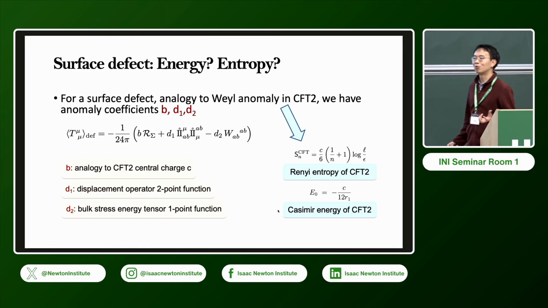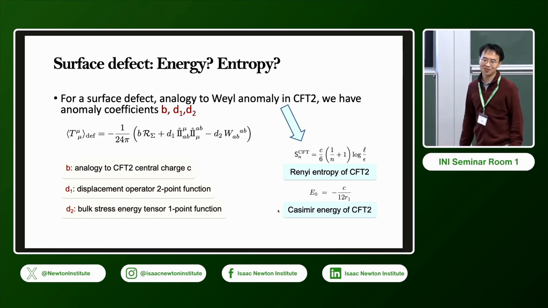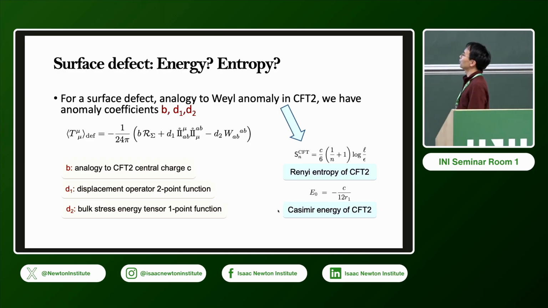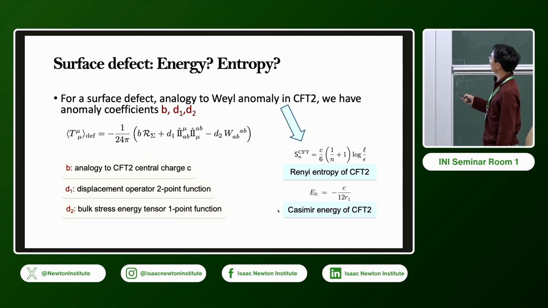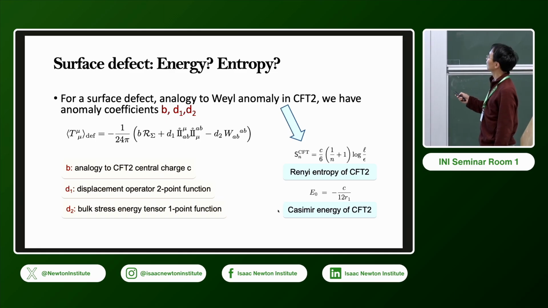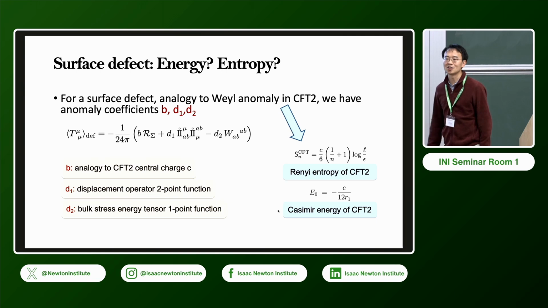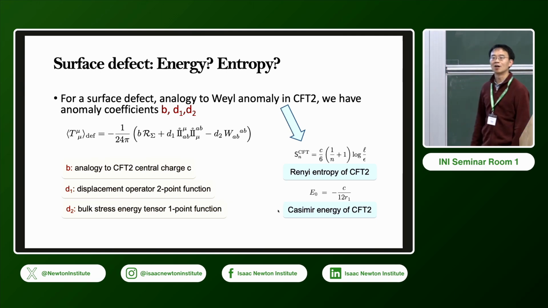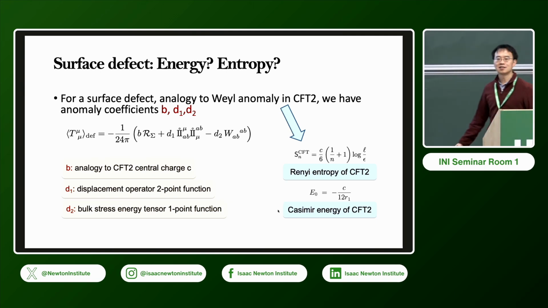Now I can ask, what happens for the surface defect? If I could compute the surface defect contribution to the Casimir energy or Rényi entropy, then I might observe some similar pattern, right? Whether that contribution will be completely determined by this B central charge, or D1 or D2, or in general some linear combination of these three anomaly coefficients. Yeah, so that's the question we want to ask.